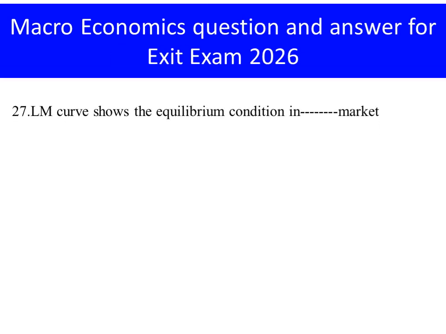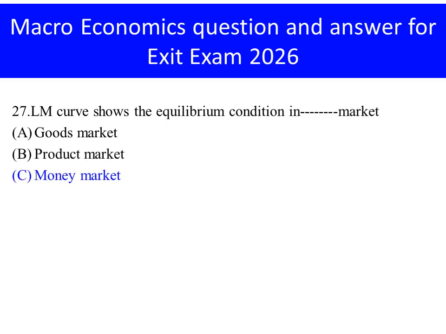Number 27, the LM curve shows the equilibrium condition in blank markets. What kind of markets? A, goods market; B, product market; C, money market; D, none of the above. It is the money market. Goods market is IS, investment and saving. This is the money market.